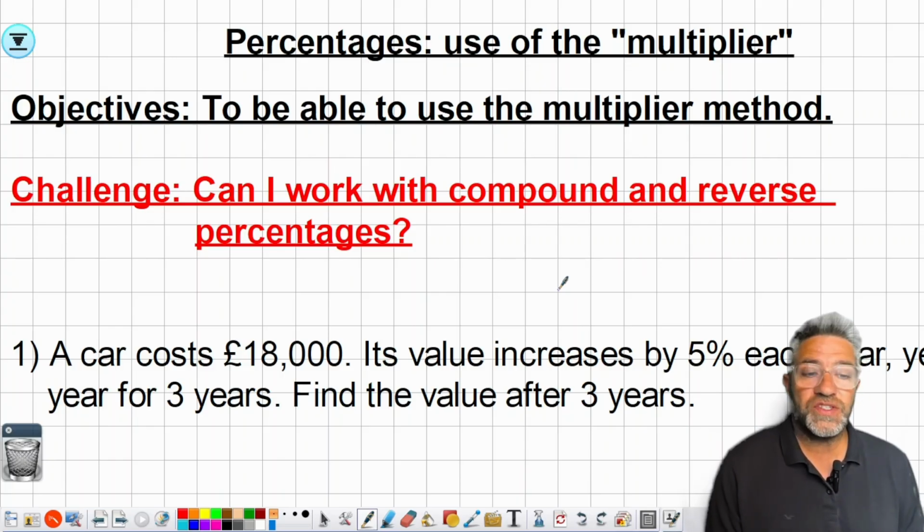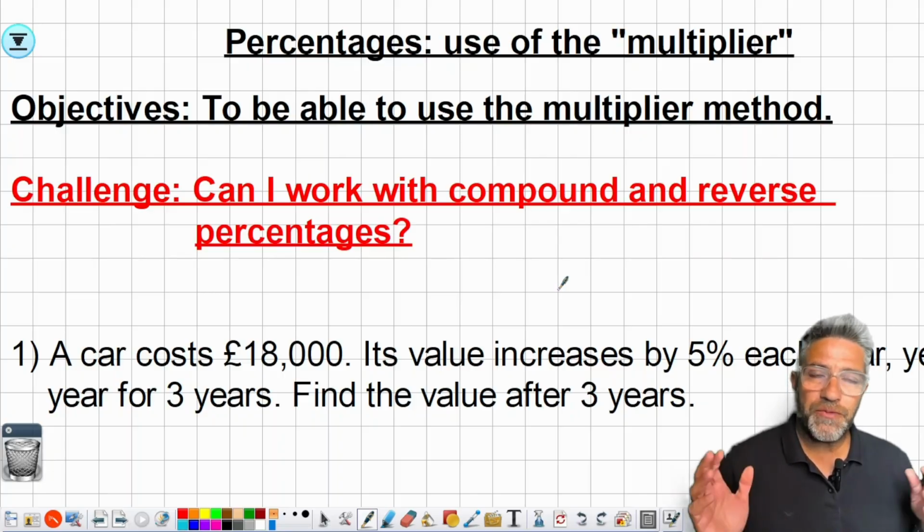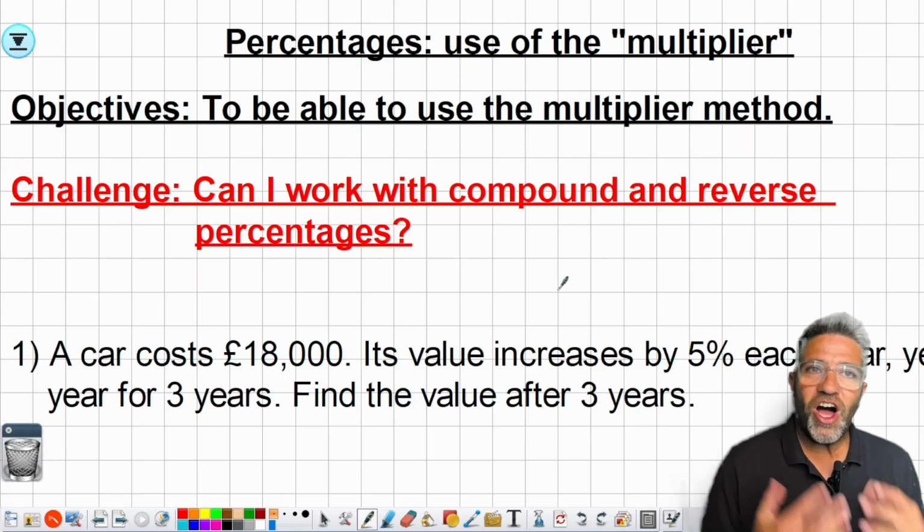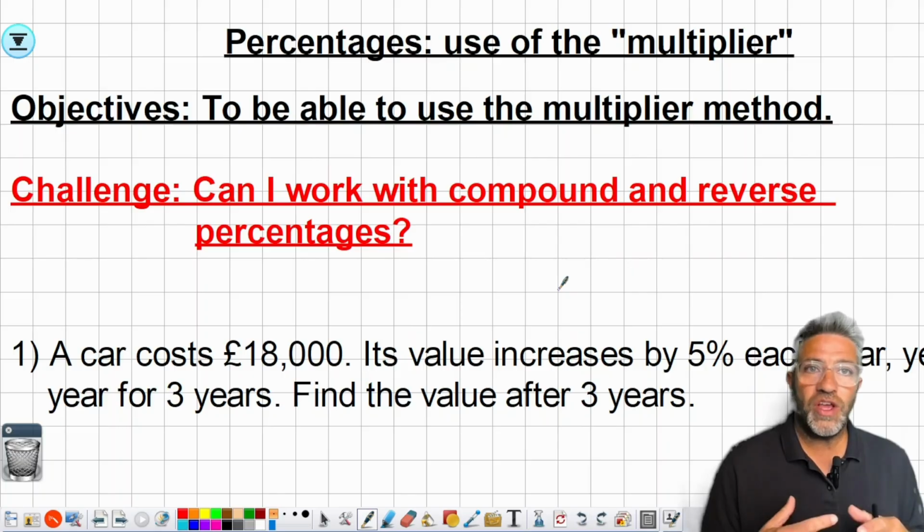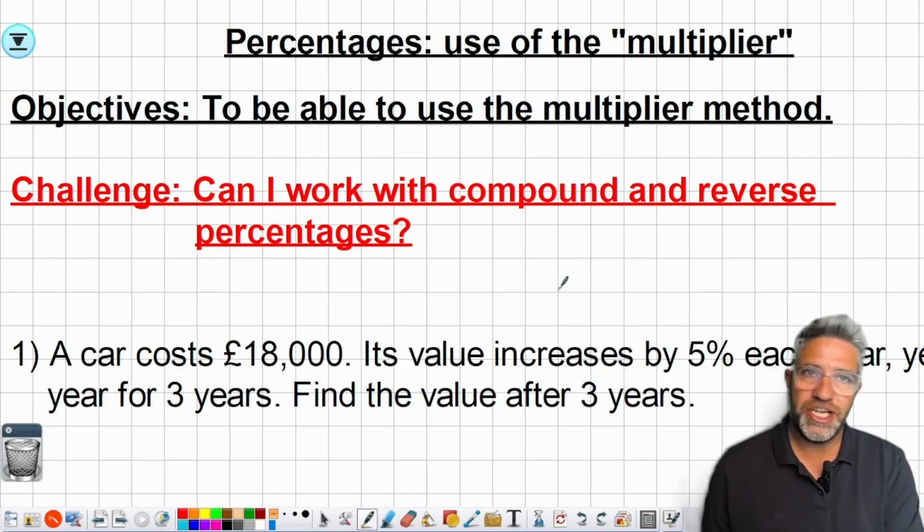A car costs £18,000. Its value increases by 5% each year, year on year for 3 years. Find the value after 3 years. Now, straight away, I would argue this is a strange question, because normally when you buy a car, they don't appreciate in value, they depreciate in value.